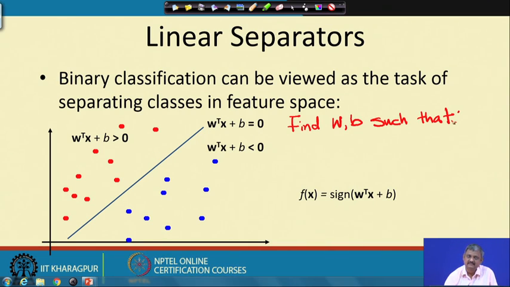The first condition I will write down basically tells that all plus y are on the non-origin side and minus y are on the origin side.